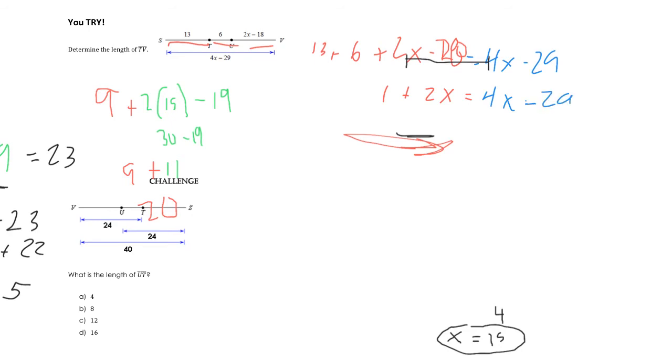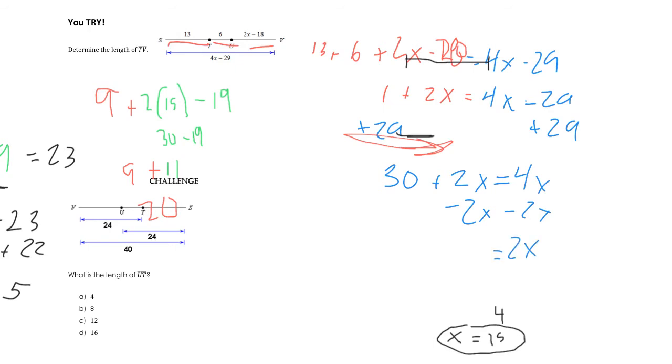I want to make things positive, so I'm going to add 29 to both sides here. So 30 plus 2x equals 4x. Okay, I want the x's on the other side, so I'm going to subtract 2x from both sides. So 2x equals 30. Okay, divide by 2, x equals 15. My equal sign got messed up. So x is 15, but it says determine the length of TV.